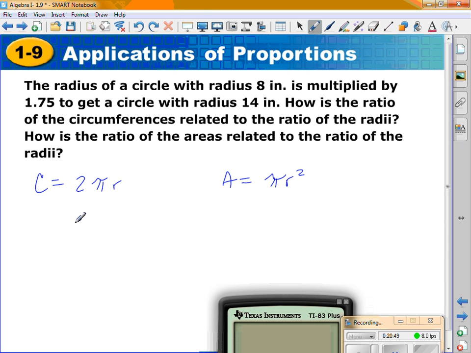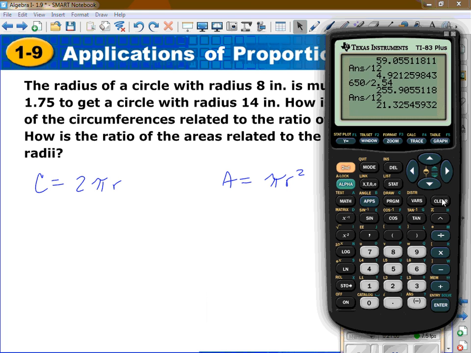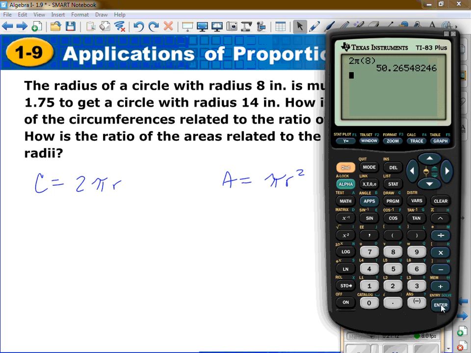So to find out the scale factor, what we're going to do is we're going to put in both of these. 2 pi r is 8 in the first problem. 2 pi is the little caret above the division in yellow. The other one is 14. I want you to figure out what happens here and here in comparison.